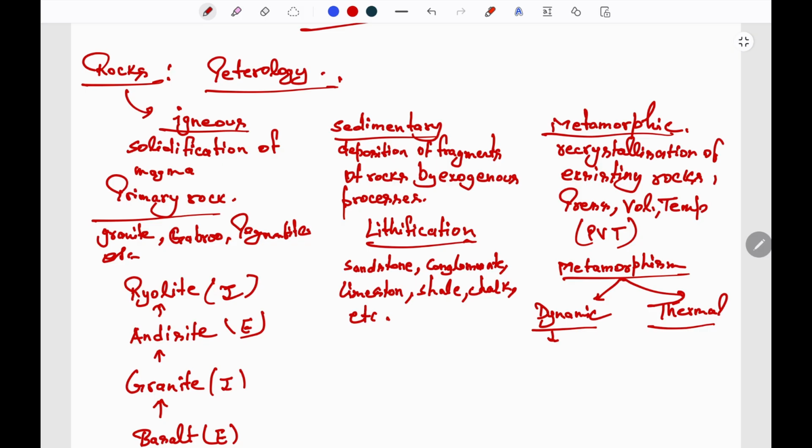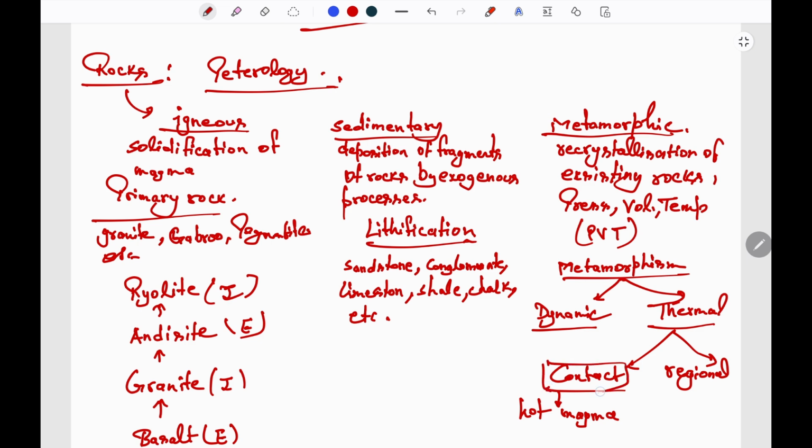Now, it can also be divided into two types, that is contact metamorphism and regional metamorphism. So, in contact metamorphism, the rocks come in contact with the hot magma and recrystallize by the high temperature changes.